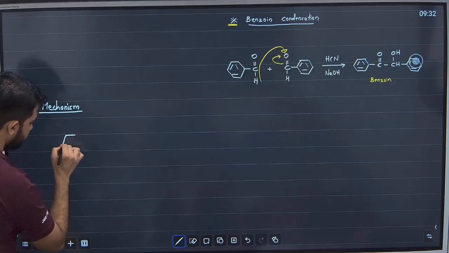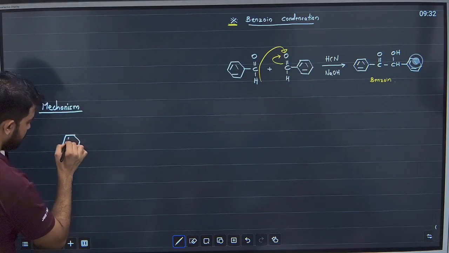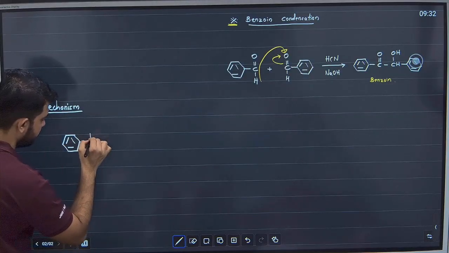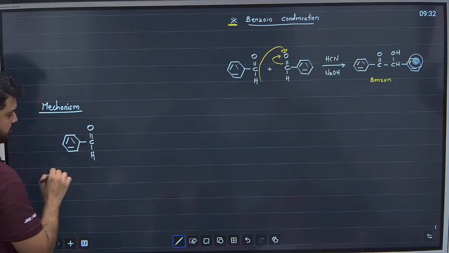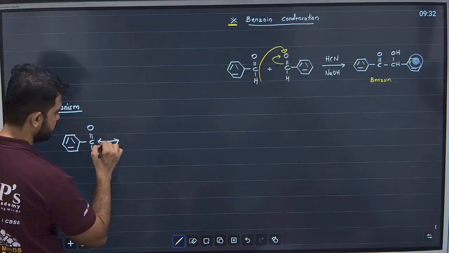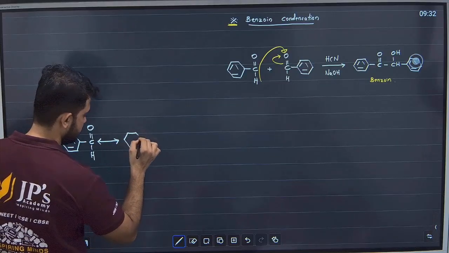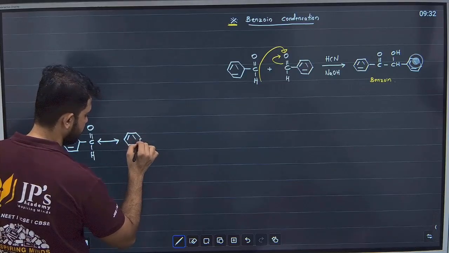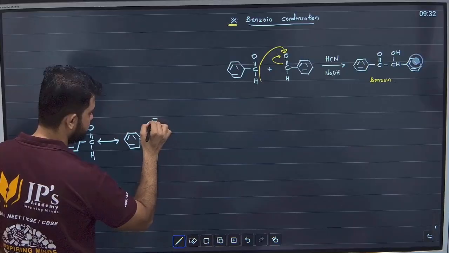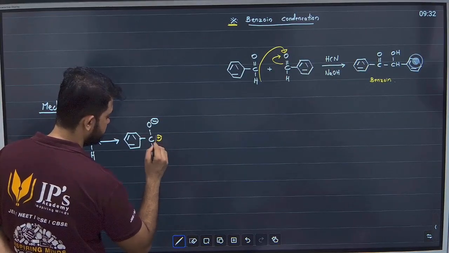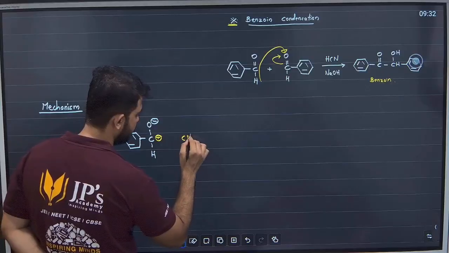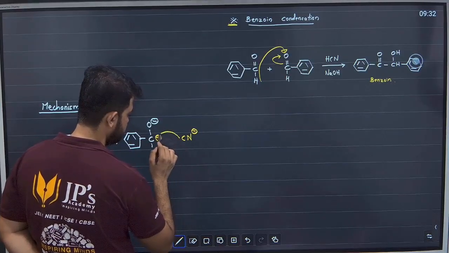I repeat, you need HCl and NaOH for the nucleophile CN minus. We know that benzaldehyde will resonate and give us a resonating form that looks like this, carbon with a plus, and this is our nucleophile, CN minus.